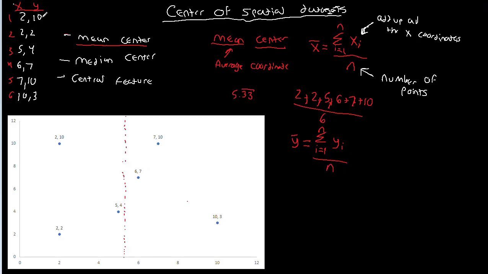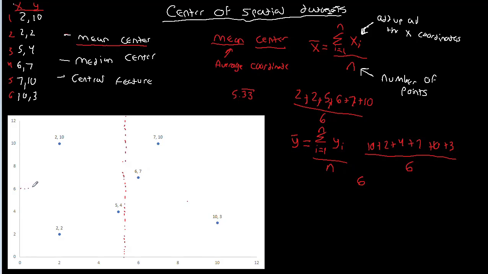So if we look at our points over here, the top part, adding up all of the coordinates is going to be 10 plus 2 plus 4 plus 7 plus 10 plus 3, and then the number of points again is 6. Same concept, just applied to the y coordinate instead of the x. If we do the math on that, we get a nice even value of 6. So we know our average y coordinate is going to be 6.